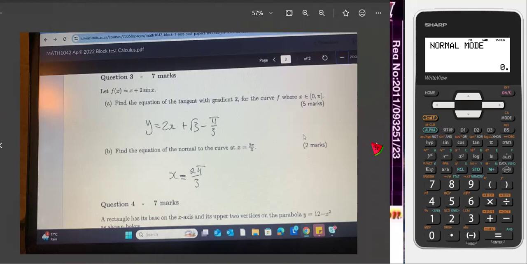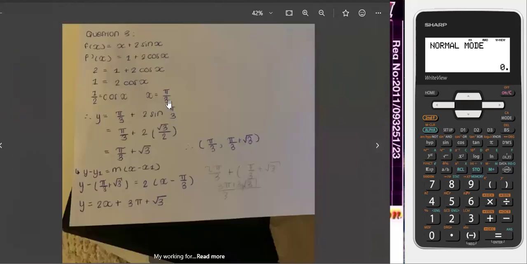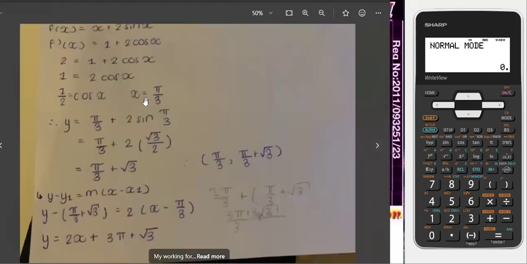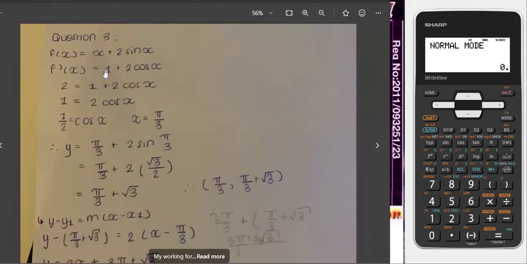Yes. So let's check the derivative if it's correct. All right. So first we come here. I derive x, which is 1, which is right. Then when you derive that one, it's going to be 2 cos of x, which is right. Remember, there's a restriction, but the restriction for now because it's 0 to pi. Yes. Then we've got equating it to 2, and we divide by 2, and then you've got that angle as pi over 3.